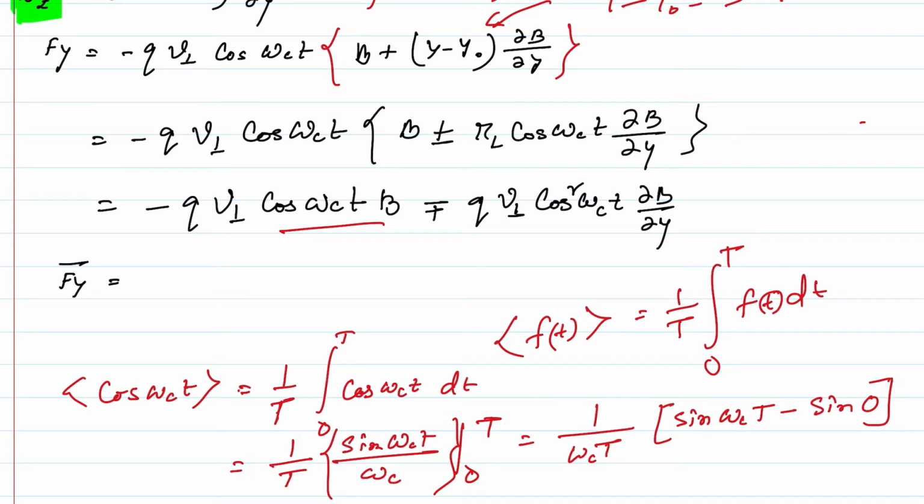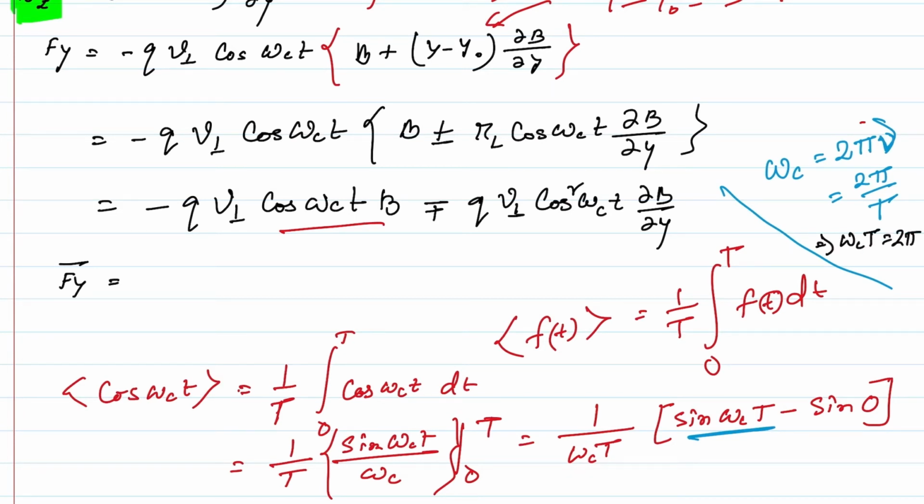So now you see what is omega c. Let me show you. Omega c is nothing but 2 pi nu, where nu means frequency, which is 1 by T, the time period, so it's going to be 2 pi by T. So from this we get omega c capital T is twice pi.